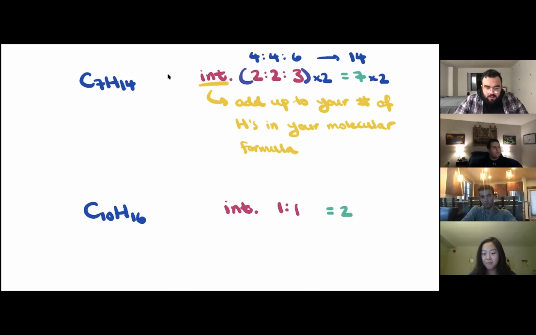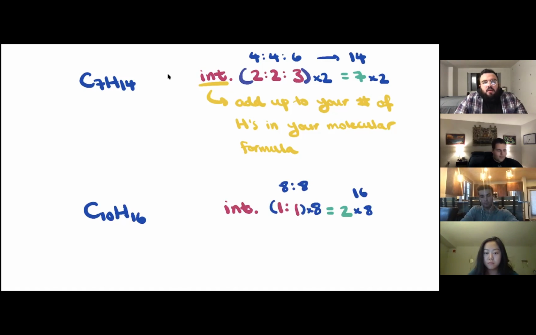But of course 2 does not equal 16. So you want to multiply these so that they do end up adding to 16. You know that 2 times 8 would give you 16, so multiply the 1 to 1 by 8, and you end up getting that your integrations would actually be 8 to 8 instead.